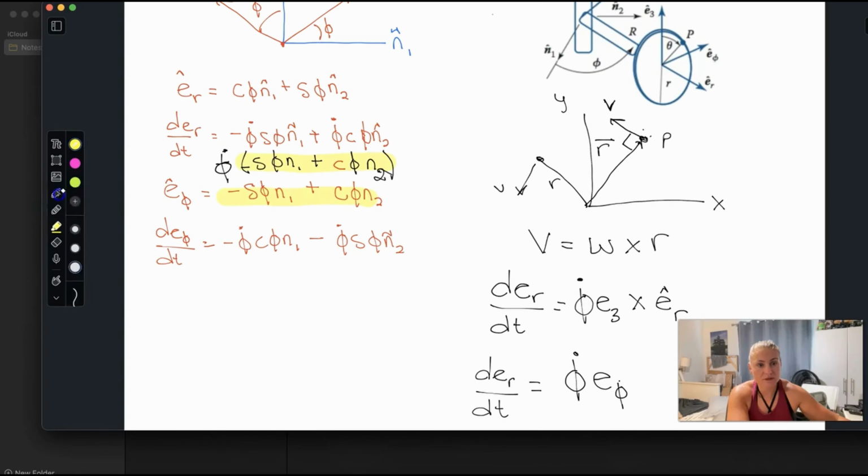So, long-winded, dER/dt is equal to phi dot, and then I'm going to switch this for this, which is E phi, excuse me.